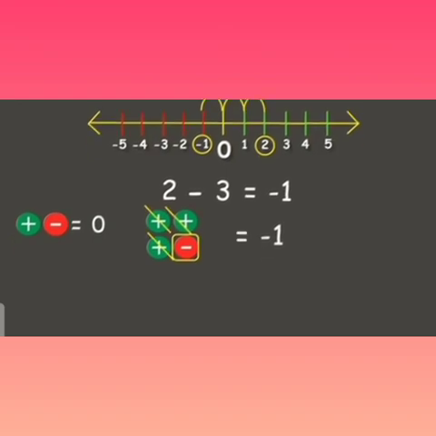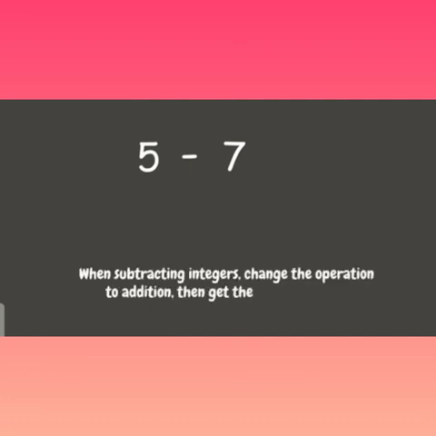Wonderful! Now, how are we going to subtract without using any number line or counters? We need to remember that when we are subtracting integers, the first thing that you need to do is to change the operation into addition. So let us change minus sign to plus sign.